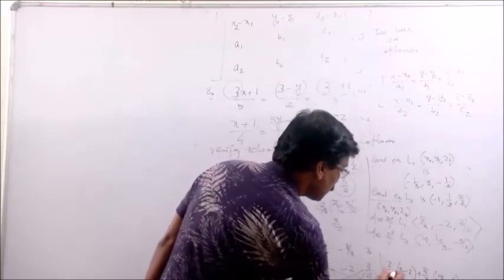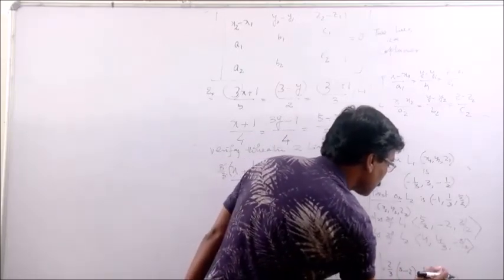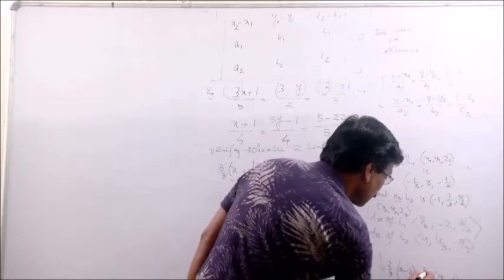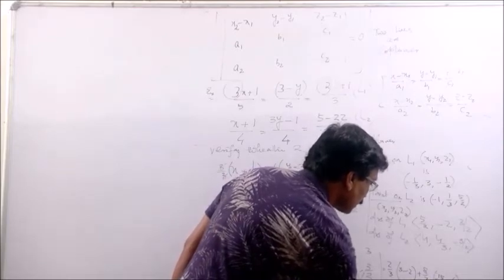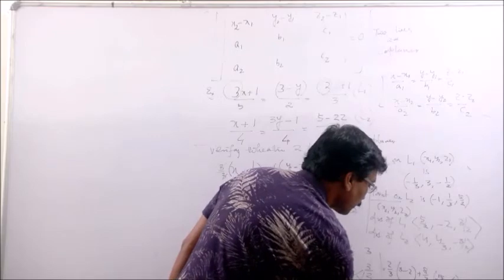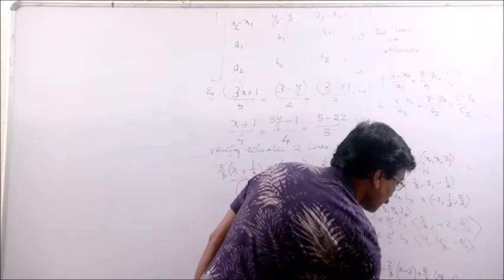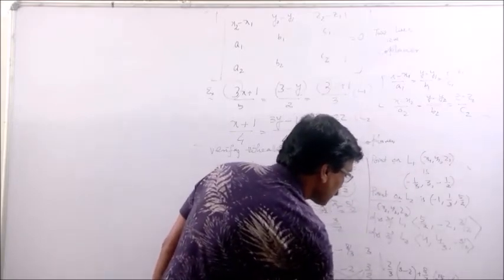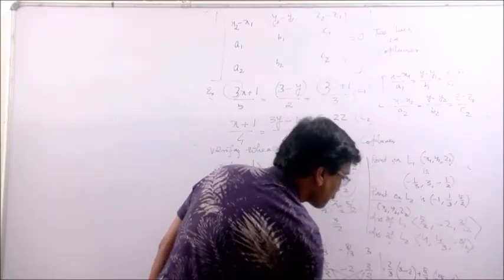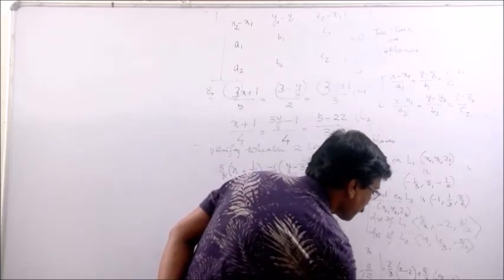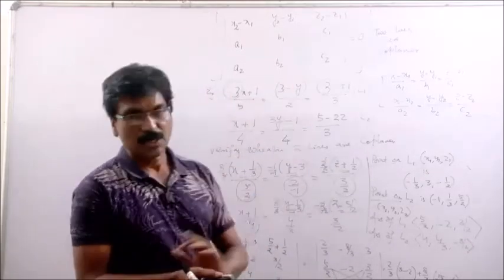So, that is equal to 2 by 3 into 1, that is 2 by 3, minus 8 by 3 into 39 by 4, plus 3 into 34 by 3. On simplification this gives 2 by 3 minus 12 plus 34. Obviously, this is not equal to 0. So, these two lines are not coplanar.